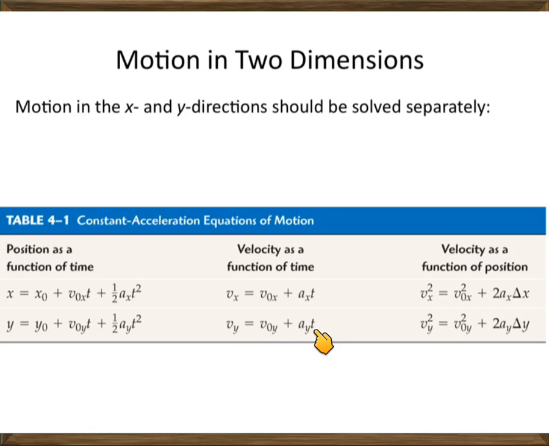What is different here is just that, instead of the x component of the velocity, you use the y component of the initial velocity and the y component of the acceleration. So in fact, you have four different parameters here: two for the velocity, v0x and v0y, and two for the acceleration, ax and ay. You need to know all of these components if you want to find the position at any time on any axis.